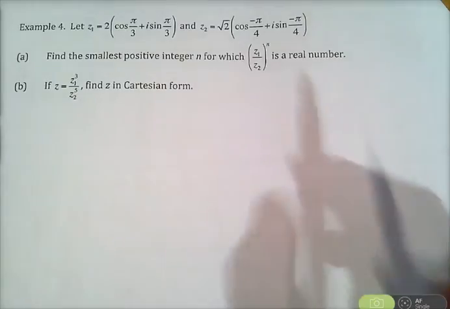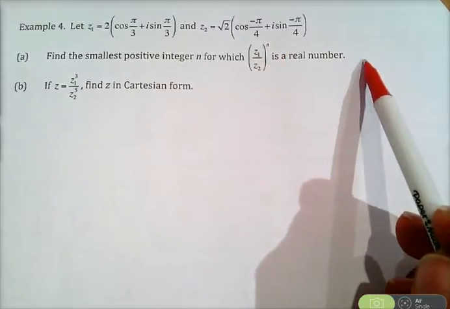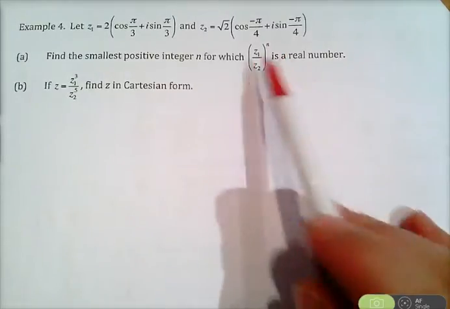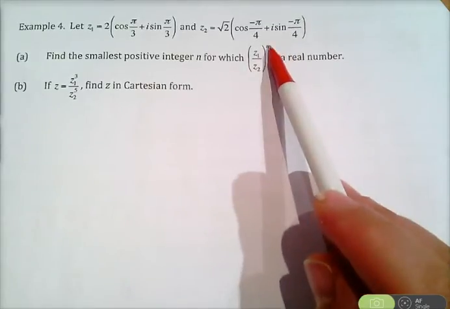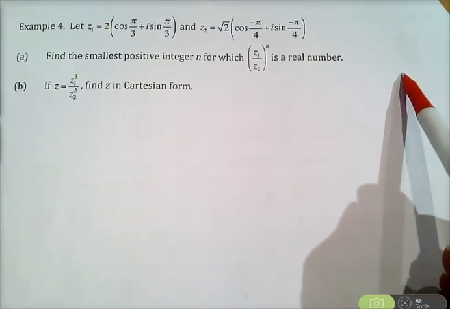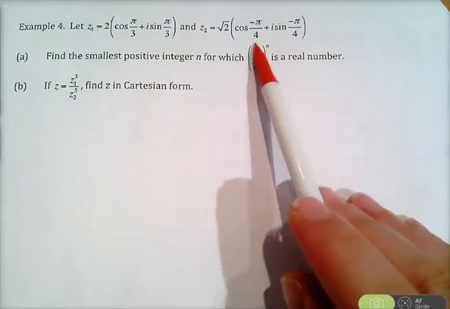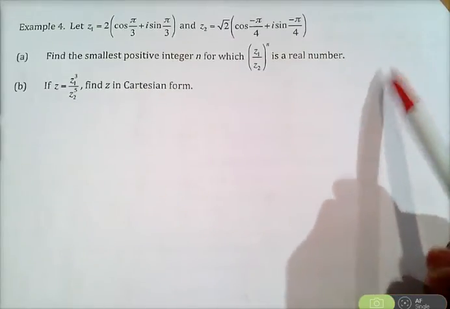Now, for (Z1 over Z2) to the power of n to be a real number, remember this is a complex number, and De Moivre's theorem would be applied. But if it's a real number, then there's no imaginary component. So therefore you'll be doing i times 0.